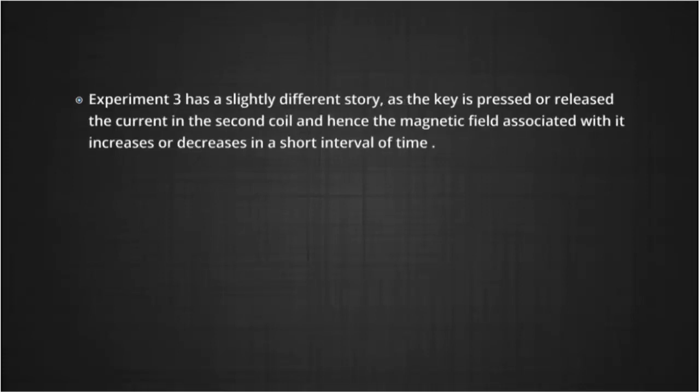Experiment 3 has a slightly different story. As the key is pressed or released, the current in the second coil and hence the magnetic field associated with it increases or decreases in a short interval of time.